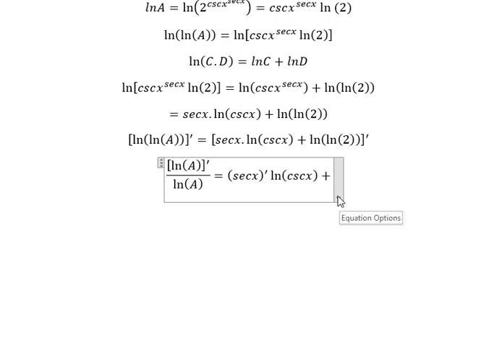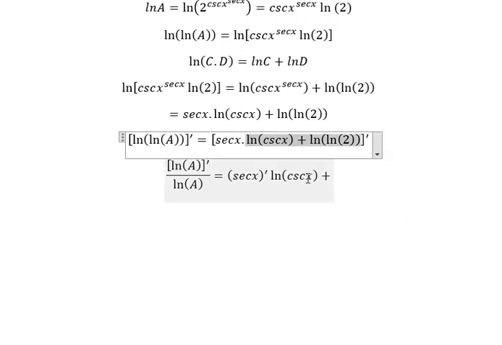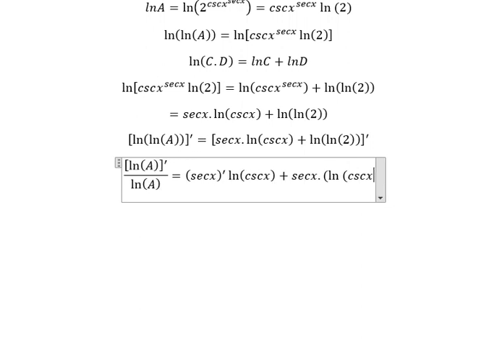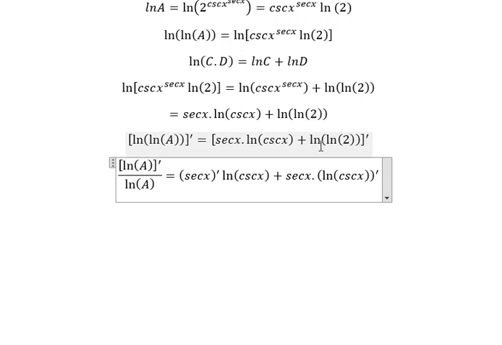Later, they will do first derivative of this one. This is the number, so this goes to 0, so we don't need to do first derivative of this one.